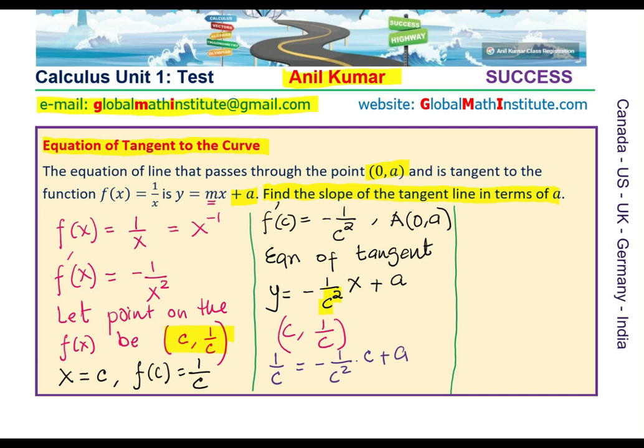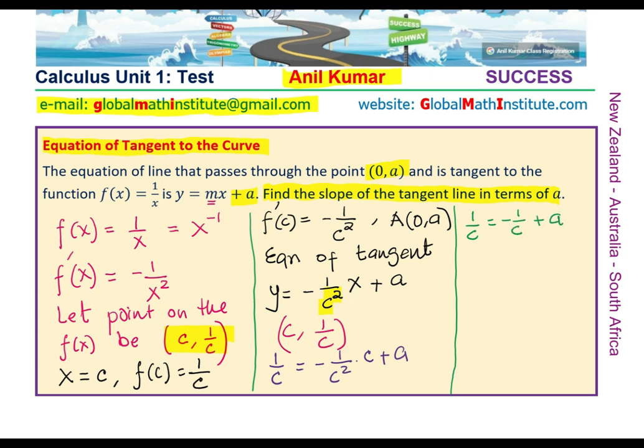Now simplifying, we can easily write down that in this particular case, this is minus 1 over c, cancelling one of the c's. We have 1 over c equals minus 1 over c plus a. Bringing them together, we get 1 over c plus 1 over c equals a, or 2 over c equals a, correct?